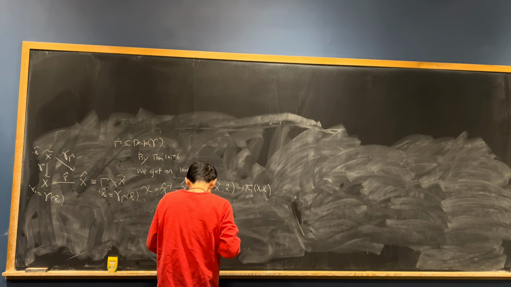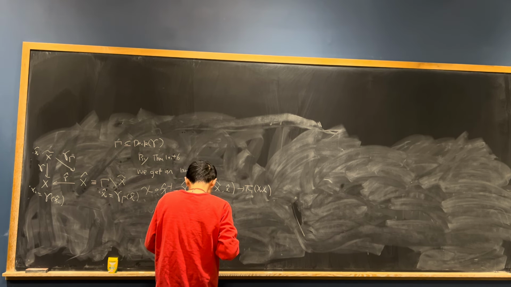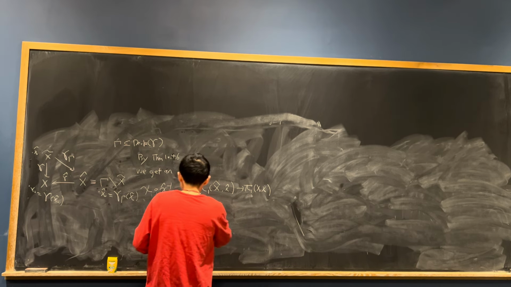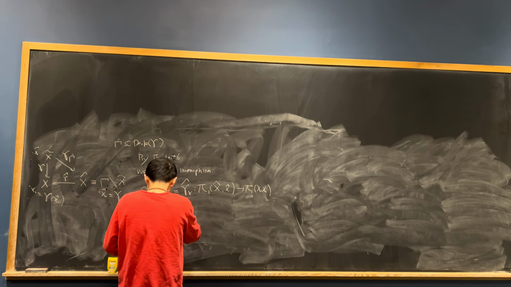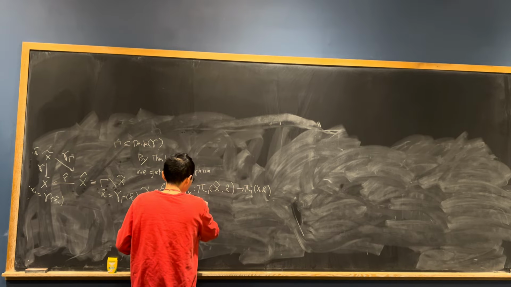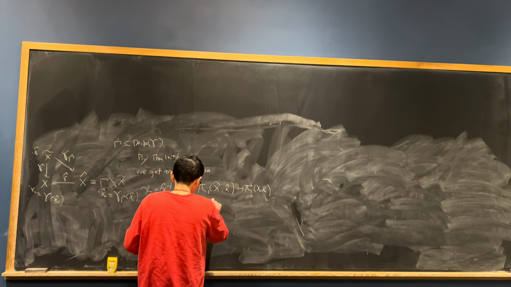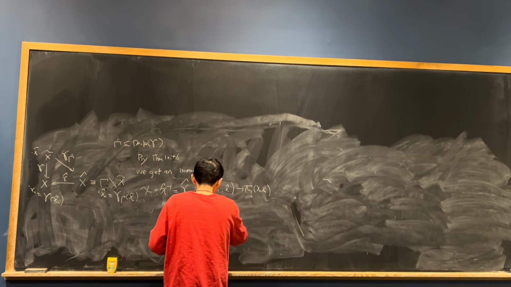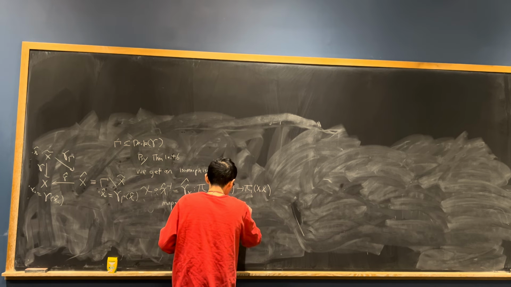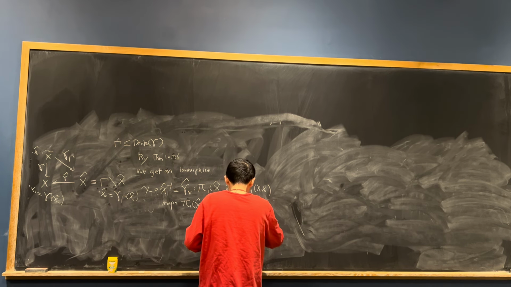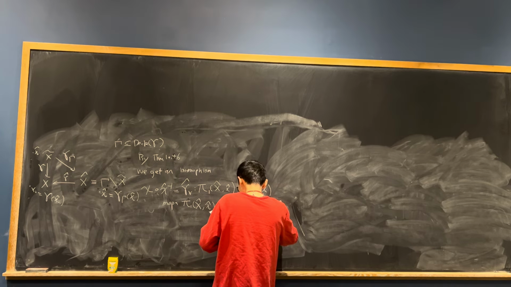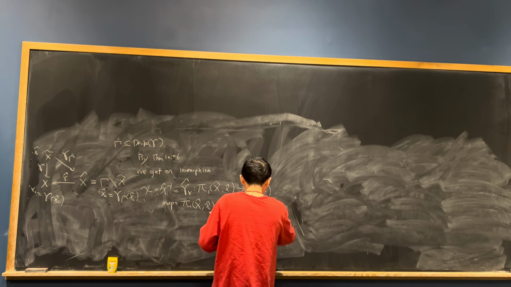It maps pi 1 of x hat at x naught isomorphically onto gamma.